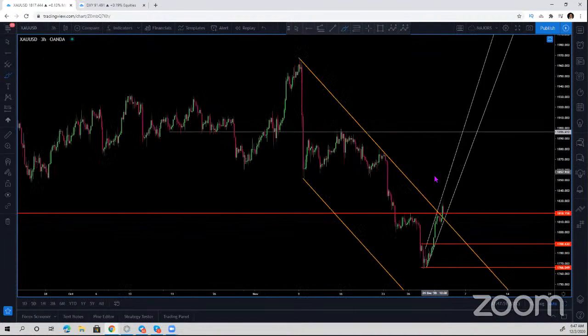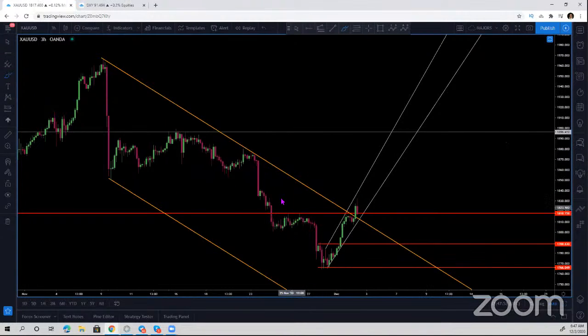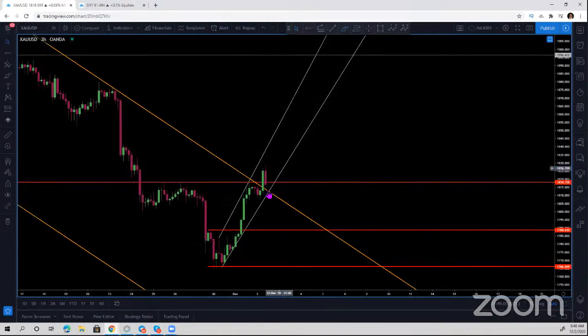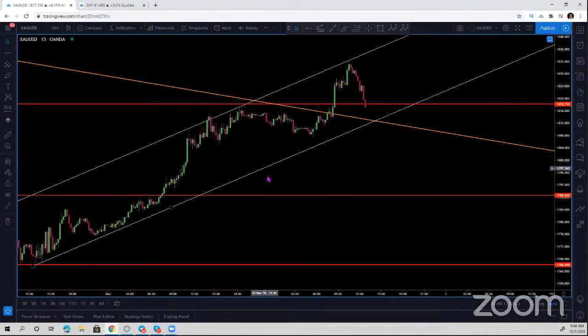And what happened earlier is that when we broke to the downside, this is the level that bears jumped in to drive price down. Well, right now it seems that that level is really not going to hold.